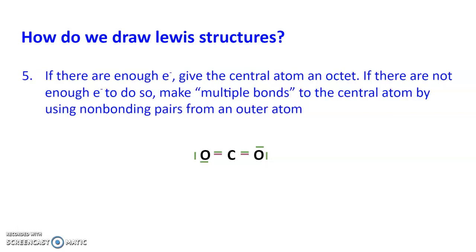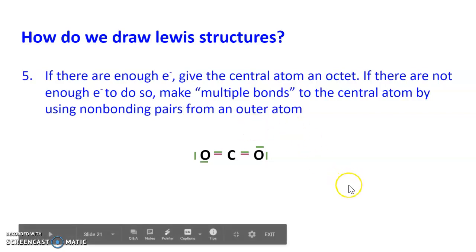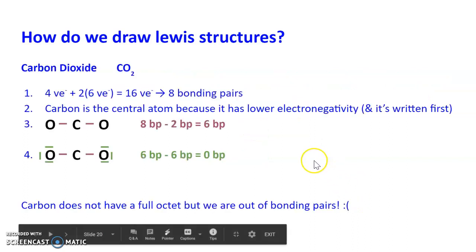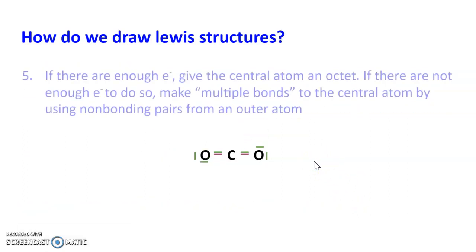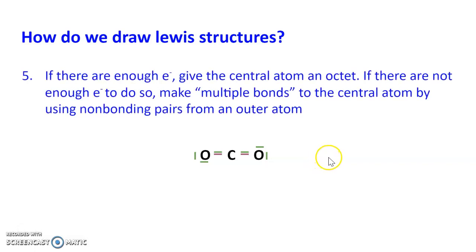So that's something that I always think about when I'm drawing Lewis structures: how can I make this symmetrical so that it's balanced? Because then that's the most stable thing for the molecule.